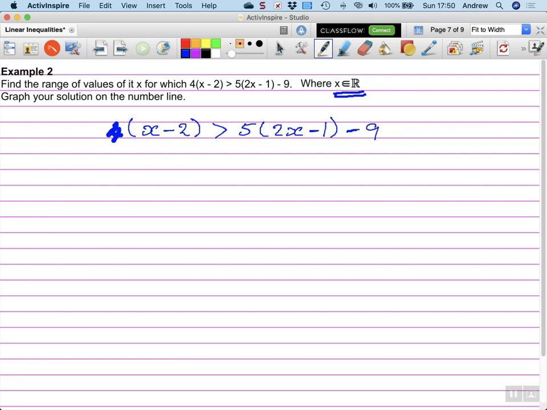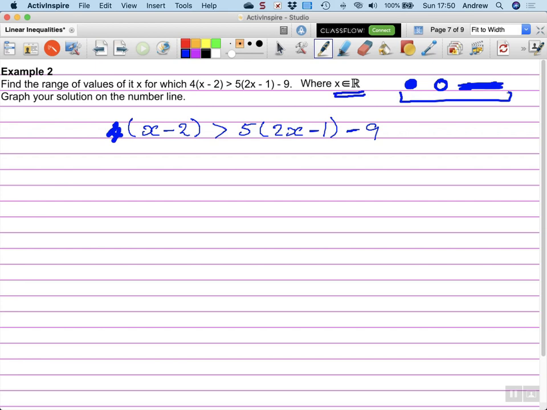For x belonging to the real numbers, based on yesterday's lesson, we're either using a closed circle, an open circle, and then we're using some shading. And it's always worth writing this down, like we did with natural numbers a few moments ago, before you start the question, because it reminds you that you have got to finish by drawing out the shape using these symbols.